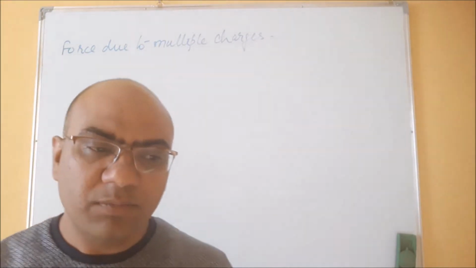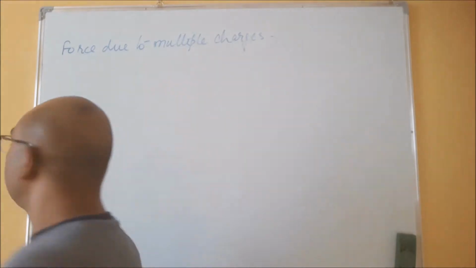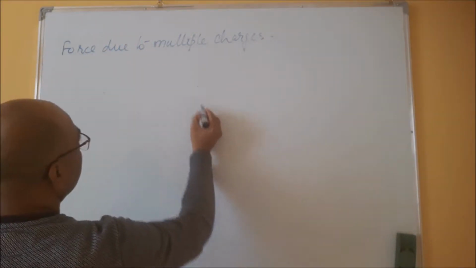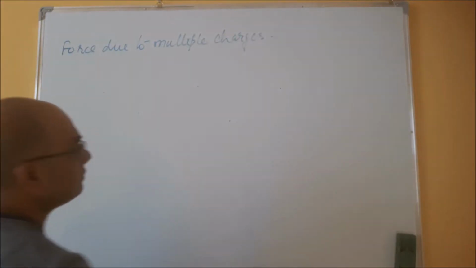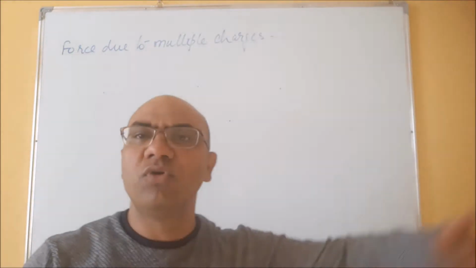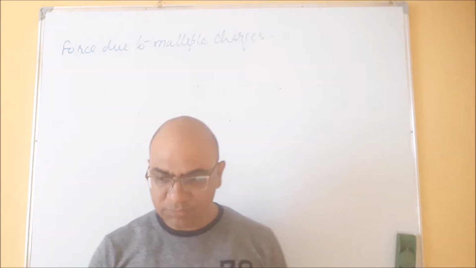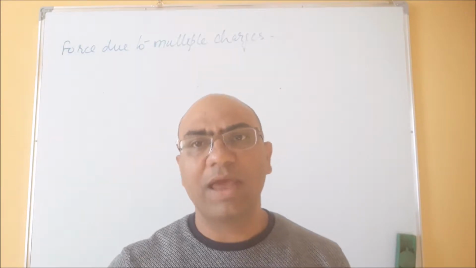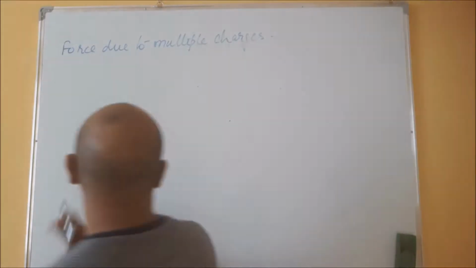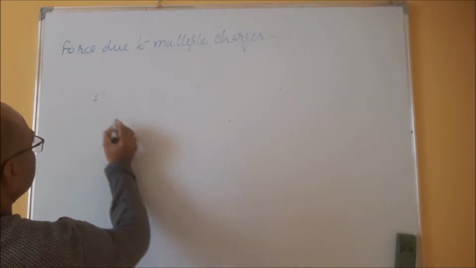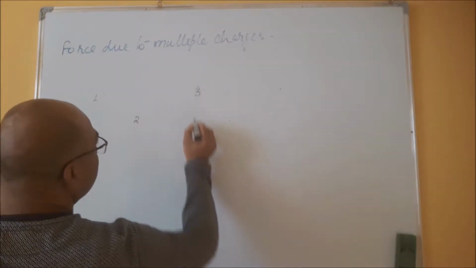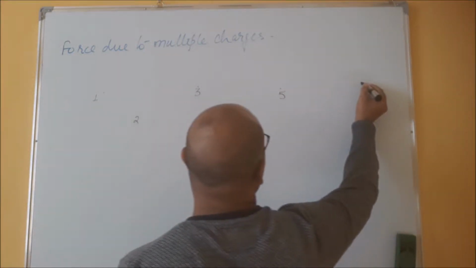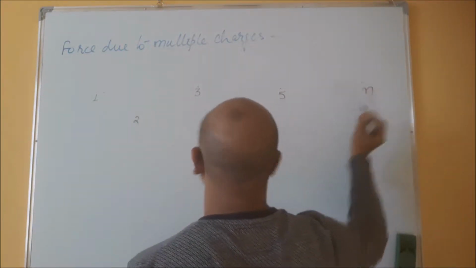Suppose I am having a number of charged particles. For example, 1, 2, 3, 4, 5. This 5 may go up to any number of charged particles, so in general we can say n number of charged particles. Suppose this is charged particle 1, this is 2, 3, 4, 5, and the last is n.